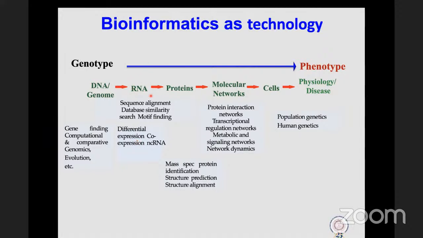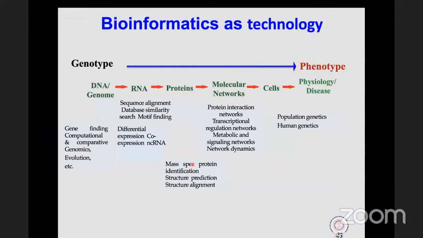So that is how you can use RNA data as a technology. From the protein side, mass spec data is very common every day, and it is used for structure prediction and structure alignment. You can see which component your mass spec data is from.